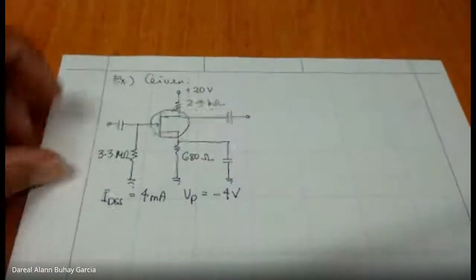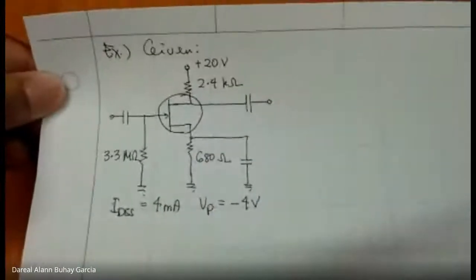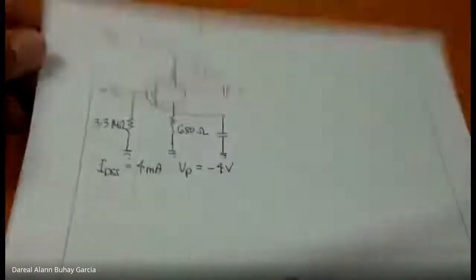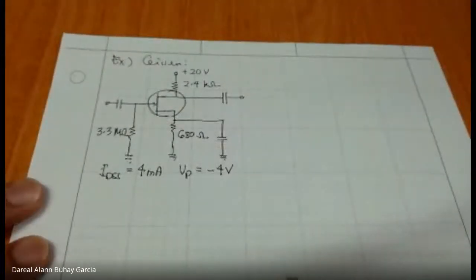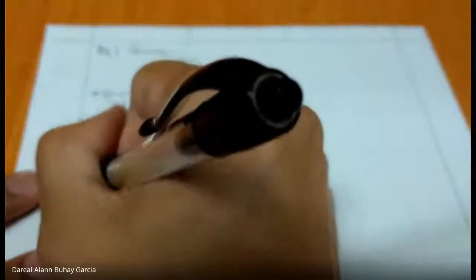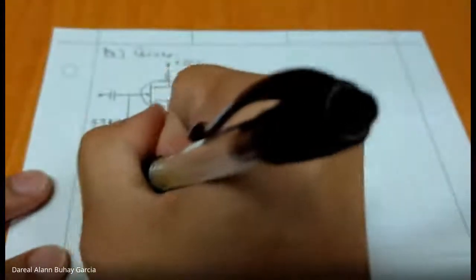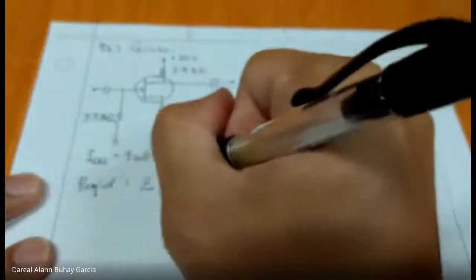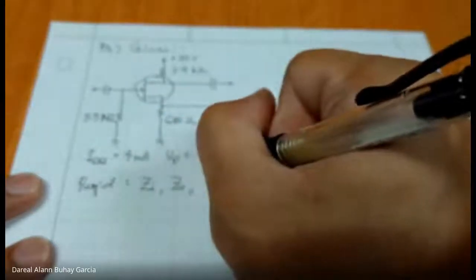Okay. Self-bias, no? Self-bias. Okay. So, find input impedance, output impedance, and voltage gain.